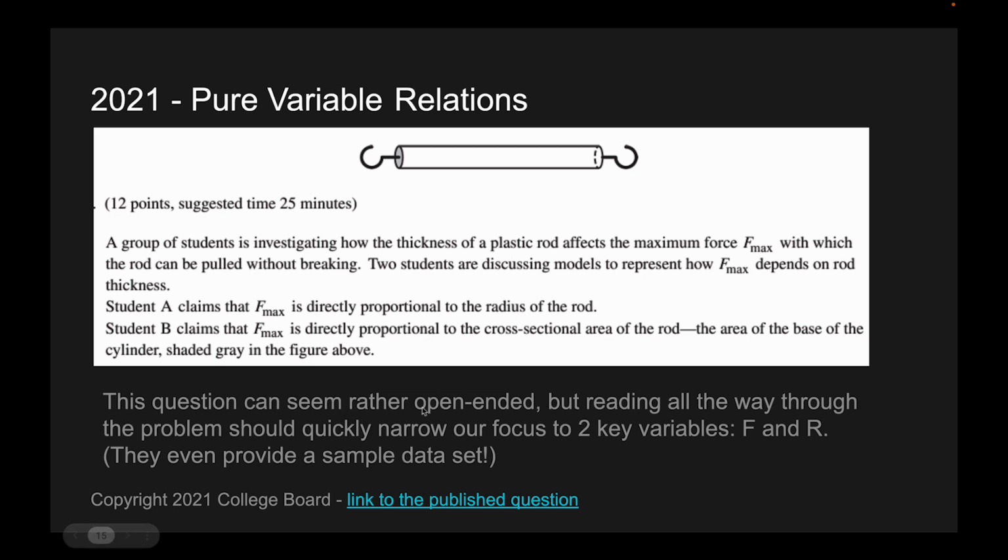A couple of characteristics. This question can seem pretty open-ended if all you do is read the first page, and you might find yourself panicking. But if you read all the way through the problem, they hand you a data set, which tells you your two key variables to focus on: force and radius of our plastic rod.